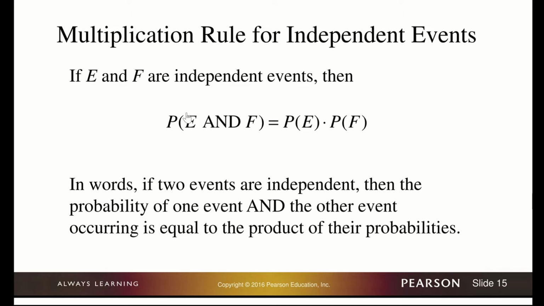But here we can talk about any two events, and if they happen to be independent, then the probability of E and F, which sometimes you may see written as the probability of E then F, since they're two separate events, they could also be taking place at the same time. That's why we say "and" F. It is equal to P of E times P of F. So basically, you multiply the two probabilities to get the probability of one event and the other event happening, either at the same time or in sequence.